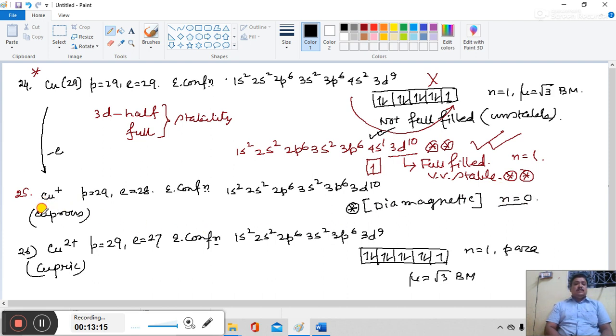And Cu+ releases another electron to form Cu2+ cation, and its configuration is 1s2 2s2 2p6 3s2 3p6 3d9, having 1 unpaired electron and paramagnetic in nature, having mu value root over 3 BM.